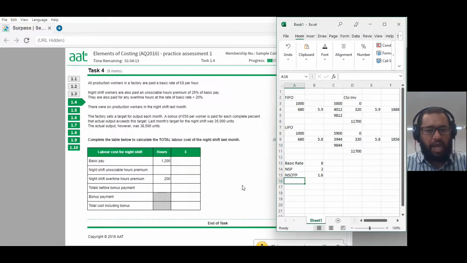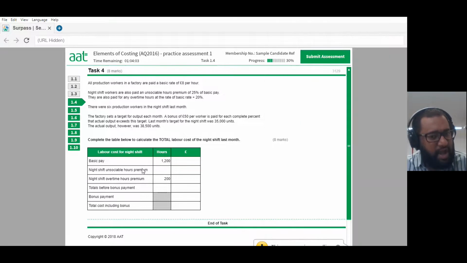All right. So here they're saying the total hours worked in this scenario is 1,200. Here they're simply asking for premiums, isn't it? Therefore, the overtime hours are all inclusive in there. So the basic pay will be 1,200 multiplied by 8, which is £9,600.